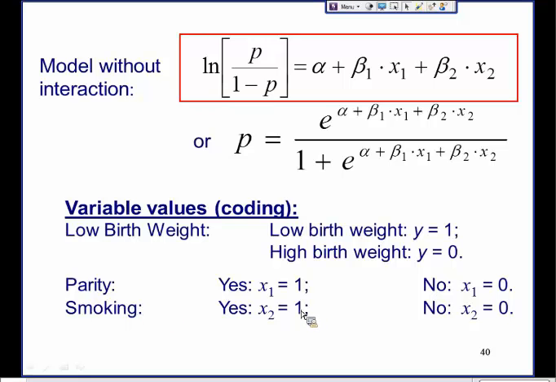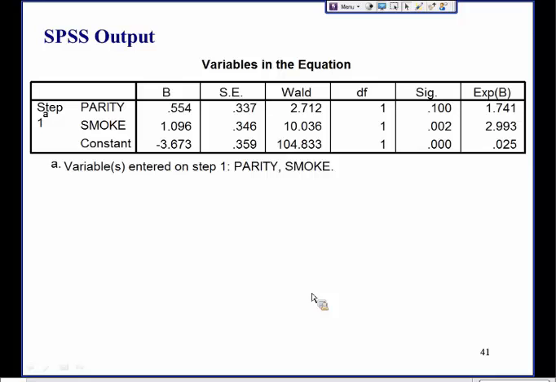Okay, so you always want to know what the indicator is indicating, what category. Smoke or not smoke, firstborn or not firstborn. So you got that now, right? So I just ran the logistic regression and got this output. I didn't have to set up a categorical variable because I have those variables already as indicator variables, 1 and 0. That's good enough, right?